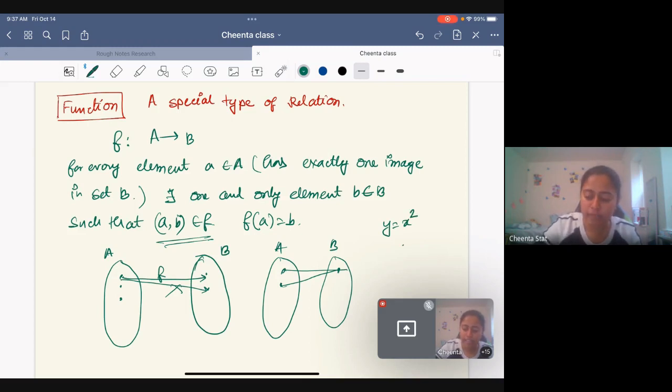For x equals plus 1 and minus 1, y equals 1, same for all the pluses and minuses. This is permissible, but this is not. One element in A can have one and only one image in set B, not two images.